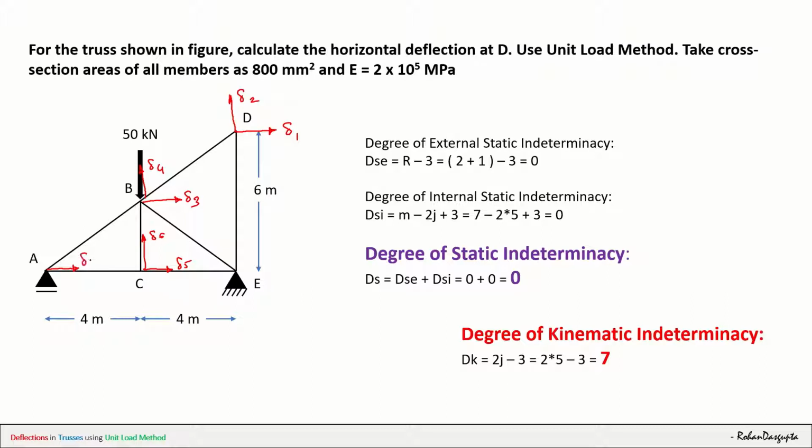Okay, so there are 7 deflections which are possible in this figure. Out of these, the horizontal deflection at the point D, delta 1, is asked. The reason why I am showing you this is that any of these other kinematic indeterminacies could also be asked in the problem. The procedure will remain the same. So let's see what is the procedure.